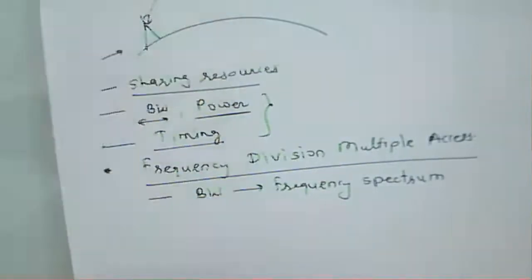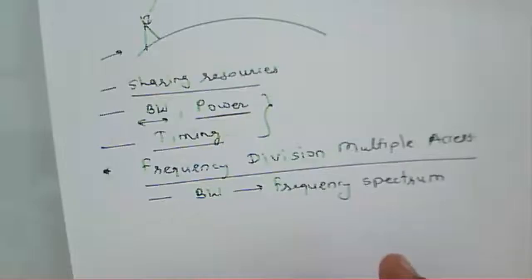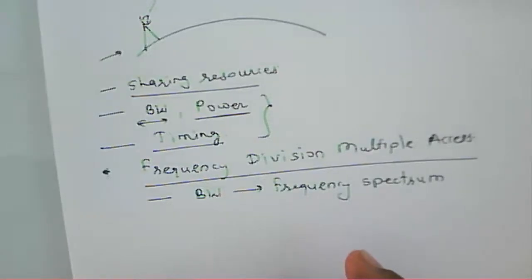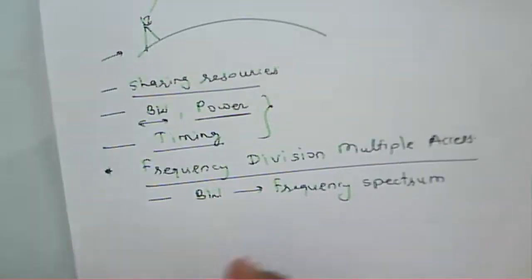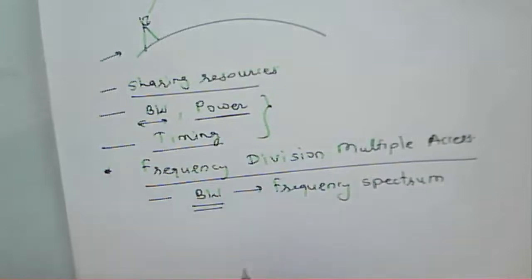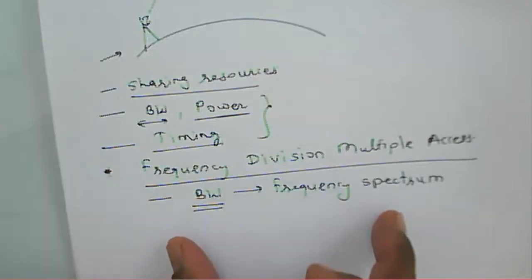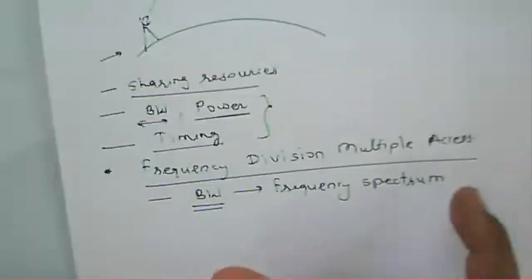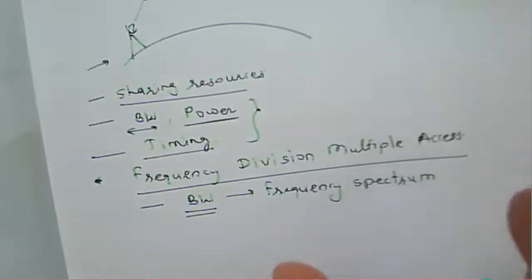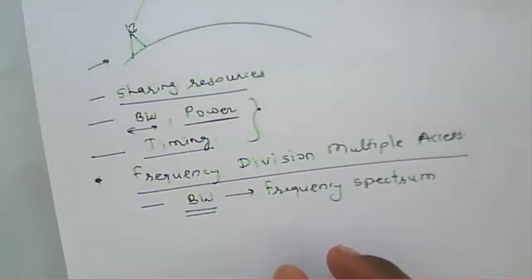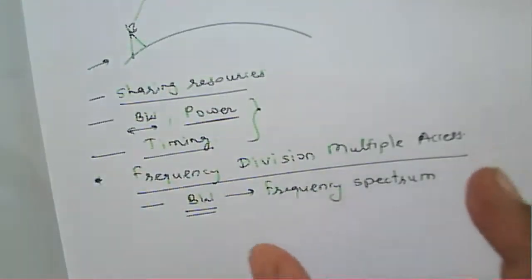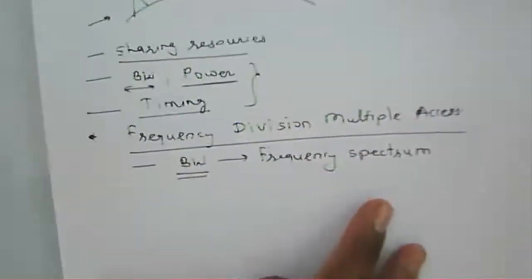Instead of bandwidth, we can say frequency spectrum. Every channel has some limitations regarding the bandwidth, which means that a specific channel is to operate only in the given particular spectrum. So that is a constant for a given specific channel.